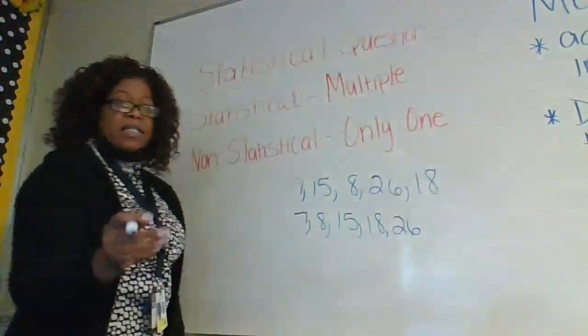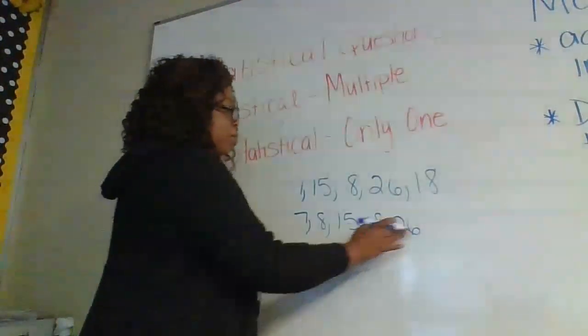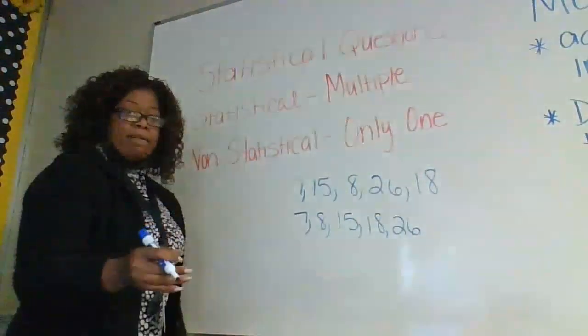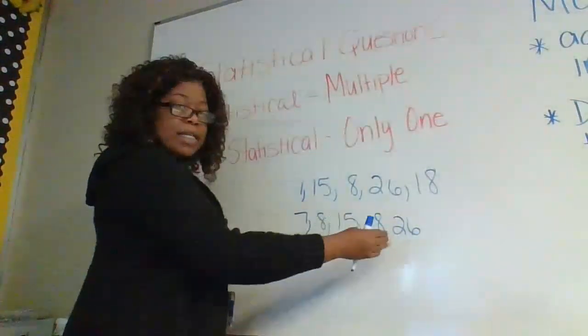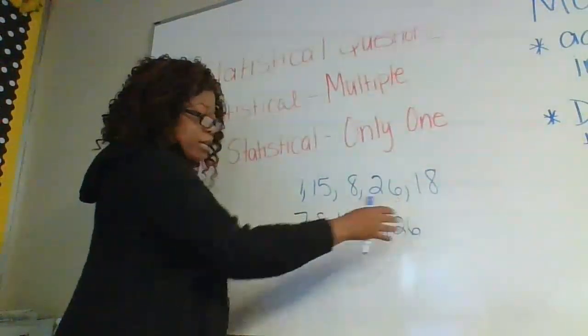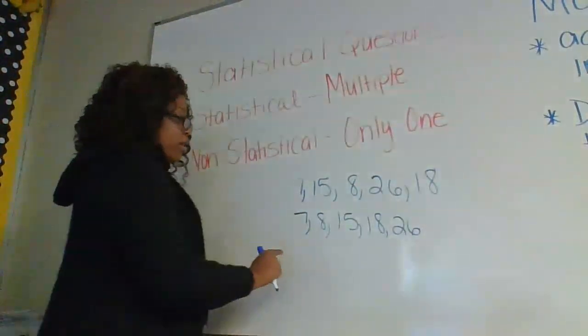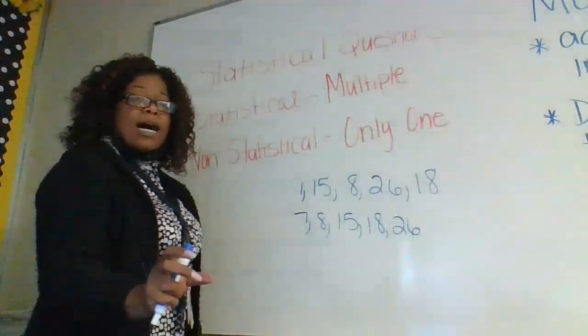Here's where the real thought process happens. After we put them in order, we ask ourselves, is this an odd number data set or an even number data set? We count 1, 2, 3, 4, 5. This is an odd number.